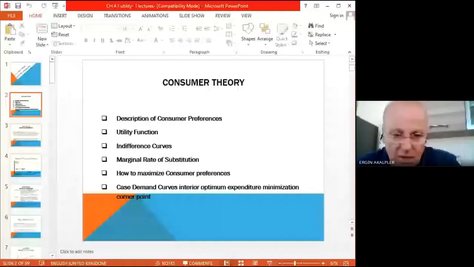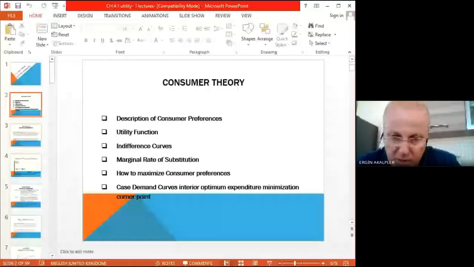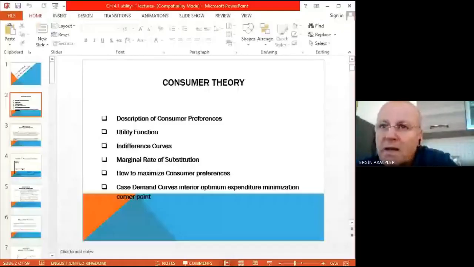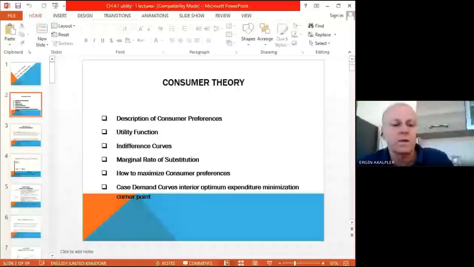And then we are going to find the consumer preferences regarding interior optimum or expenditure minimization, or other cases such as corner points where you are not going to consume any of these goods when the price of this good is reduced or increased, affecting and changing your other preferences or other goods purchasing or consumption. Therefore, these are the concepts that we are concentrating on in our lecture in today's class.